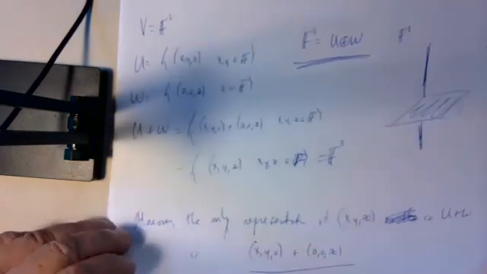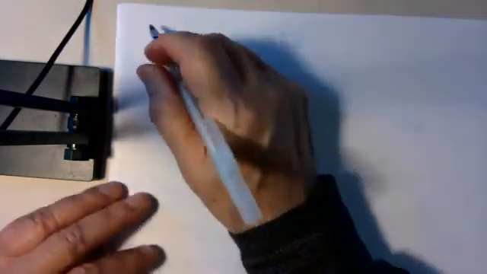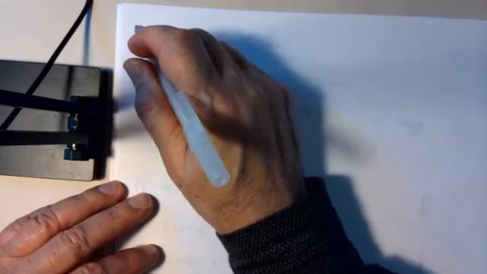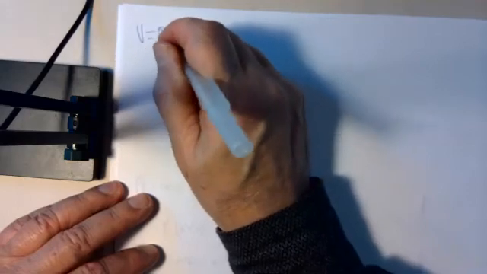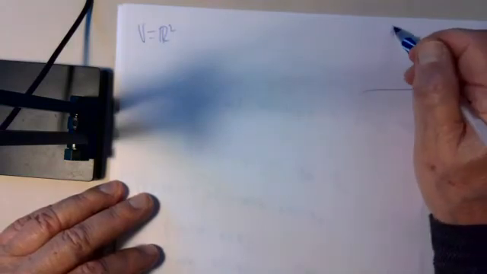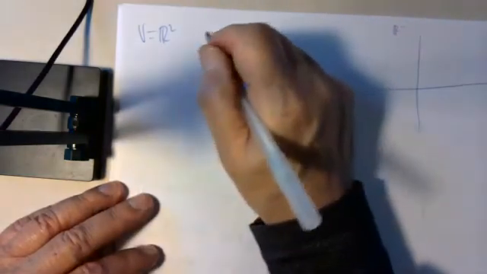Let's look at a couple more examples. Suppose I take my vector space to be R2, just the xy plane.